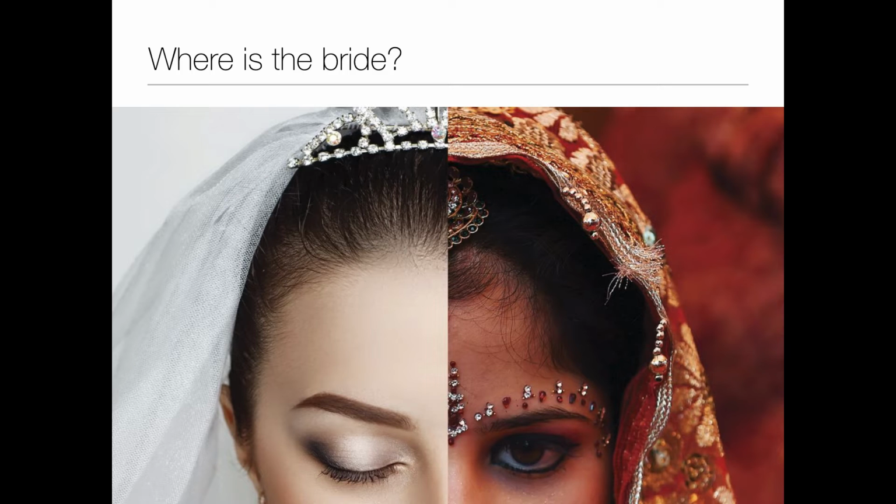What do you think is the right answer according to them? Why is that? Because they have an inherent bias towards certain types of brides that they have seen, and their algorithm is only fixated on that. So again, imagine you not being recognized in such situations.